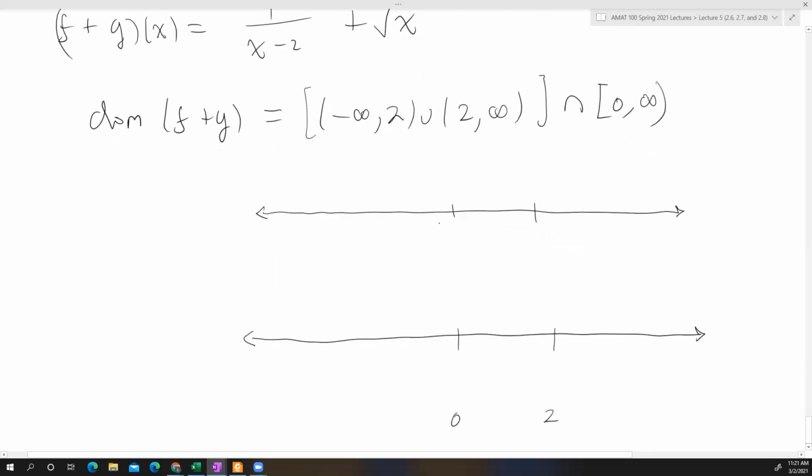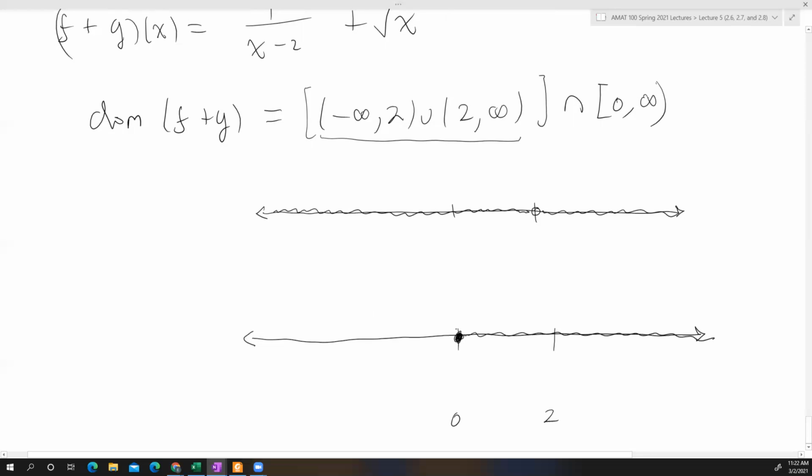The top set is an open circle at 2: everything up to 2, but not including it, and then everything above. The bottom set has a solid circle at 0 because we can plug 0 into the square root of x, and that's everything over here.